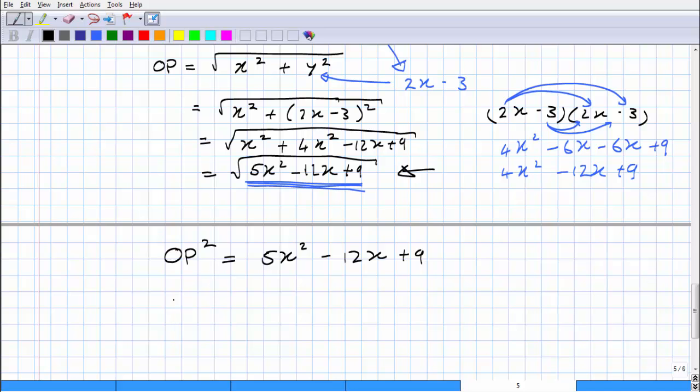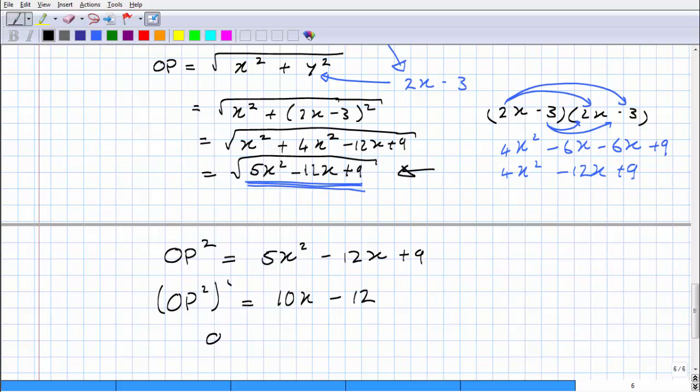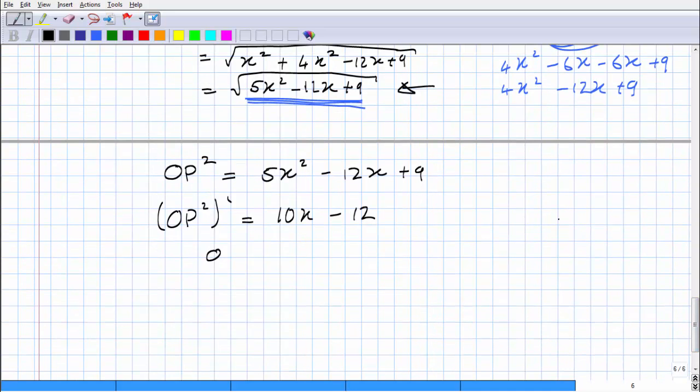So, OP squared derived, we're deriving that whole thing, is equal to 10x minus 12. We set that to 0, because remember, we're finding the gradient when the gradient is 0. In other words, if we have something that looks like that, we're finding when the gradient is 0, so we find the maximum point, and that's equal to 10x minus 12.